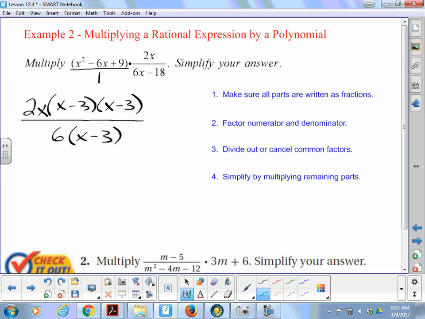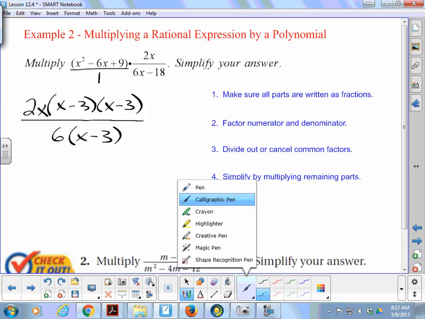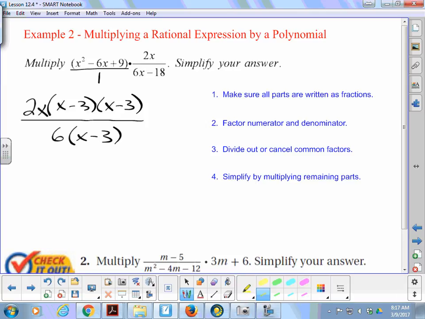And now I've got binomials here that I can cancel. All right, I have x minus 3 here, x minus 3 here. All right. Those both leave me with a 1. And I know that 2 goes into 6 3 times.